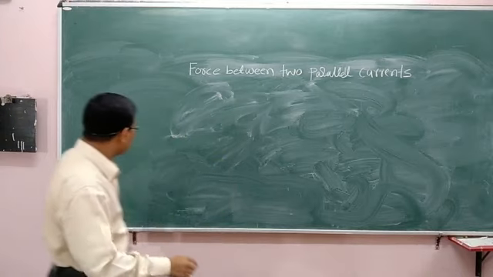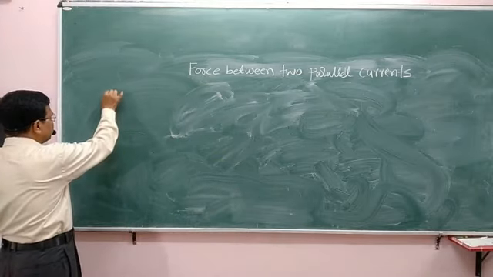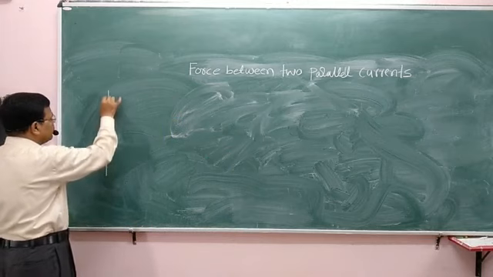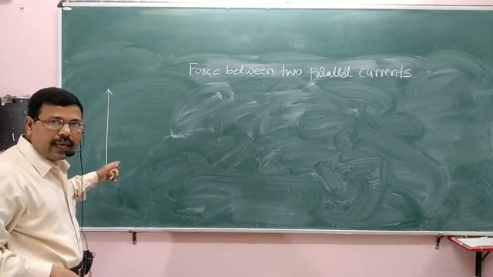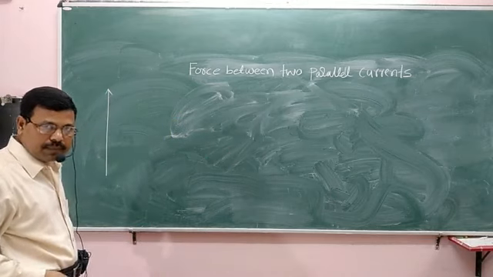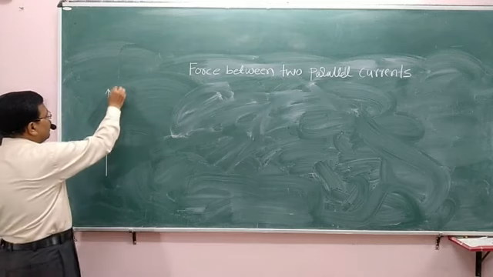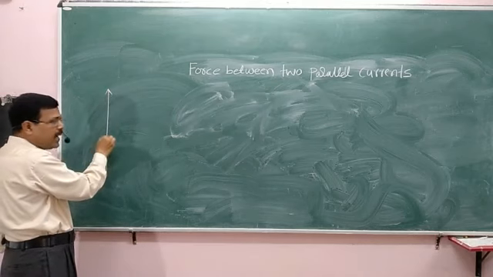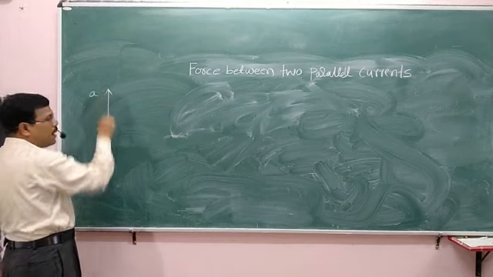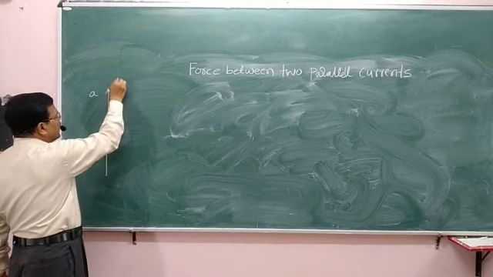Let me consider a current carrying conductor. Let me call this conductor A, and the current through the conductor is IA.